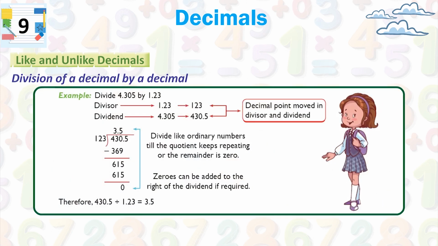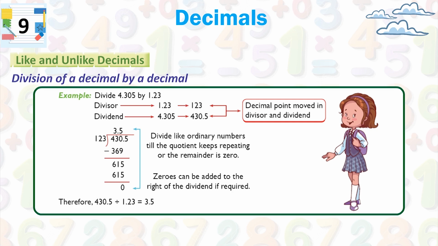Example, divide 4.305 by 1.23. Divisor 1.23 becomes 123. Dividend 4.305 becomes 430.5. Decimal point moved in divisor and dividend. 430.5 divided by 123 is equal to 3.5.